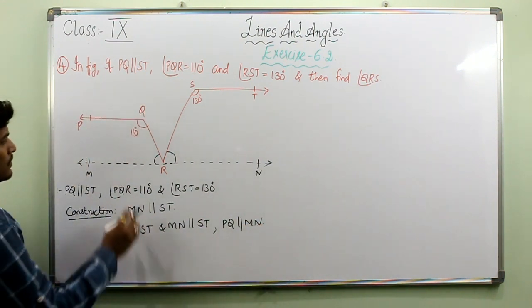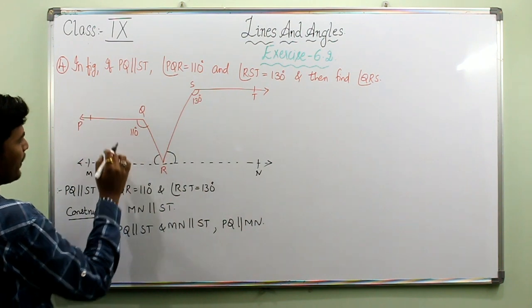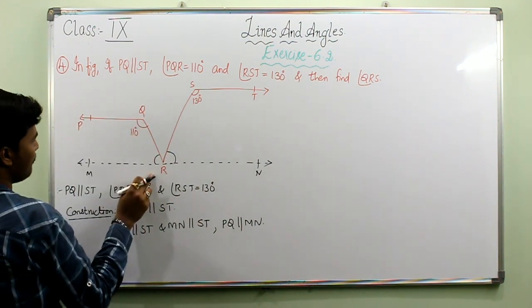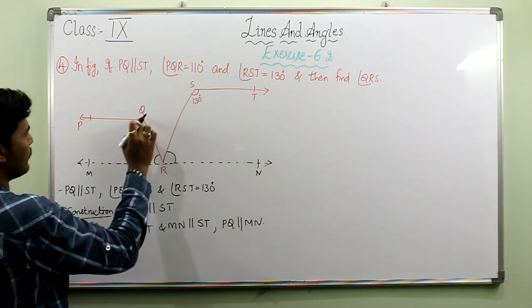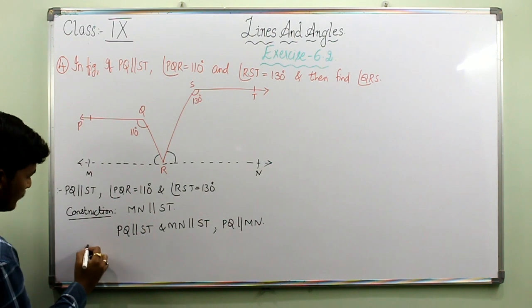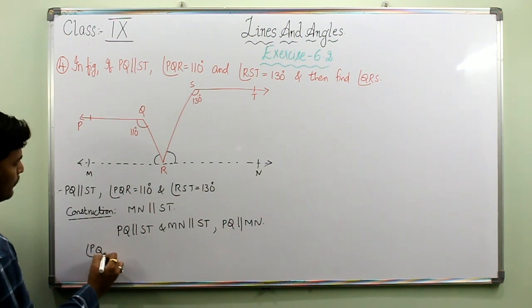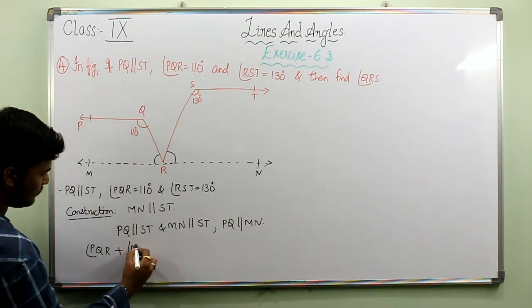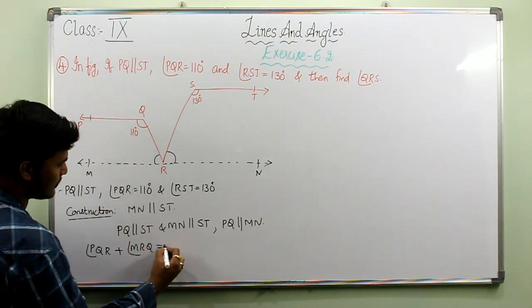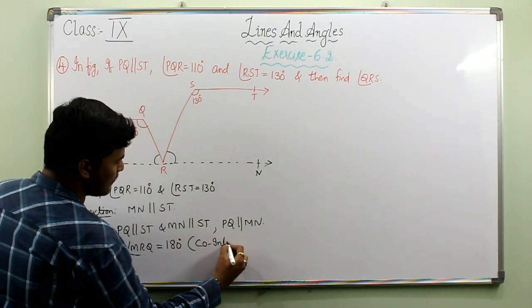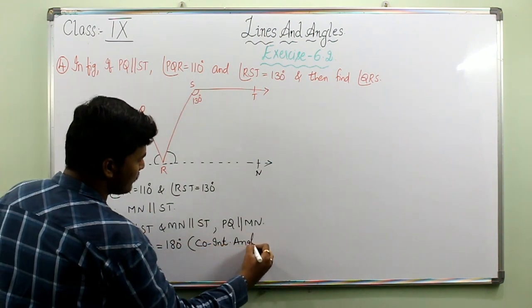Okay, so by using this, angle PQR plus MRQ are co-interior angles, right? That is, angle PQR plus MRQ is equal to 180 degrees because co-interior angles.